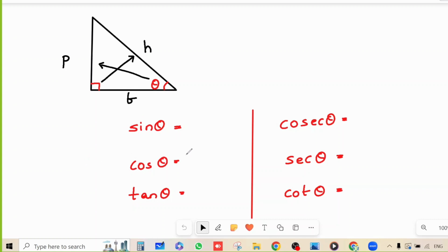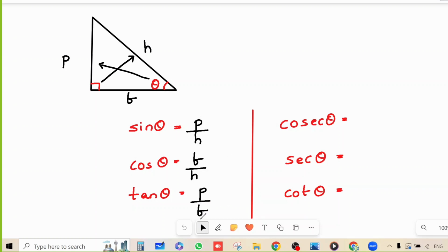Now let us find out the values of the trigonometrical ratios. So sin theta is calculated using the formula perpendicular upon hypotenuse. Cos theta is calculated as base upon hypotenuse. Value of tan theta is calculated as perpendicular upon base.